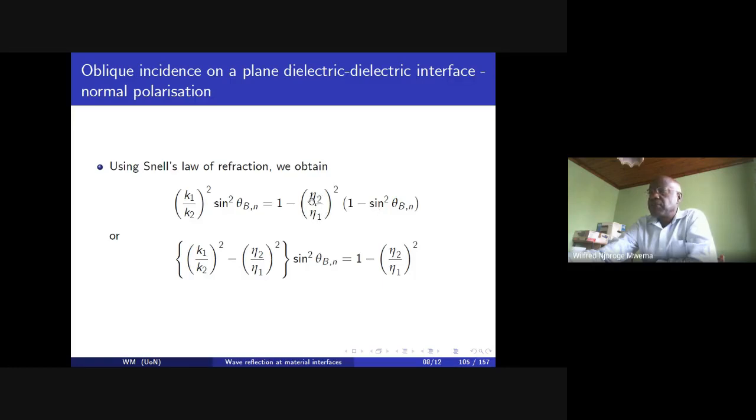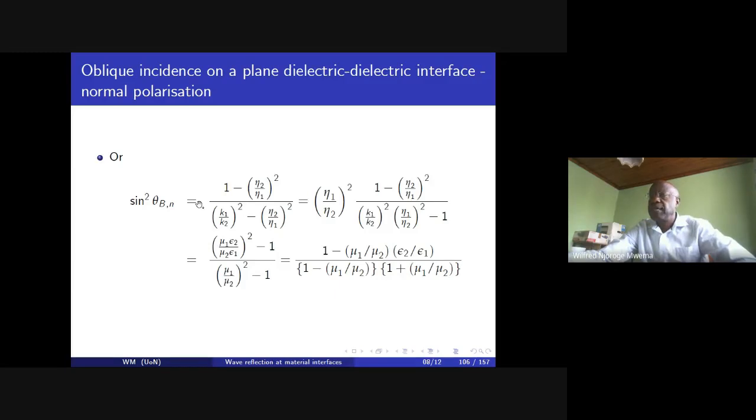This would be the root of mu 2 by epsilon 2, and this would be the root of mu 1 by epsilon 1. And these ones are related the same way. But for this particular case, we haven't done that. All we have done is to get this into the subject, and we get the value for the angle of incidence that we are talking about, the special angle.